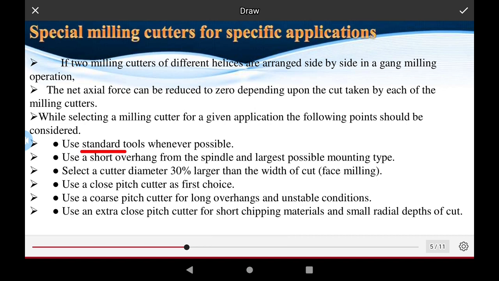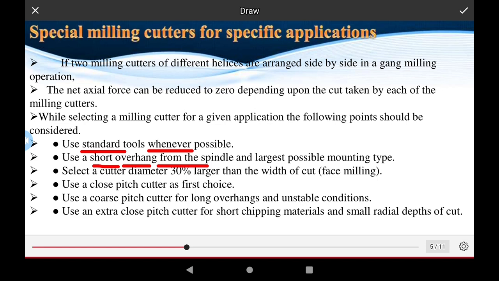Some of the Indian standard organizations and the American standard administrative committee make some standards to follow for the tools. Use a short overhang over and from the spindle, and the largest possible mounting types.